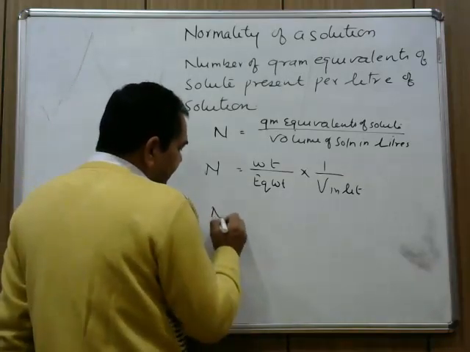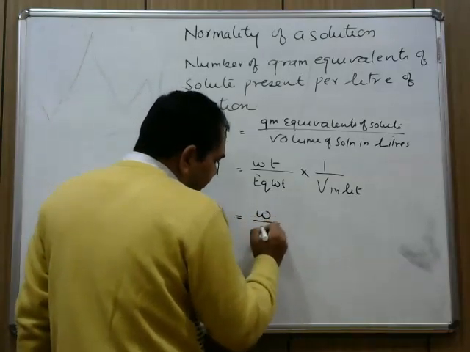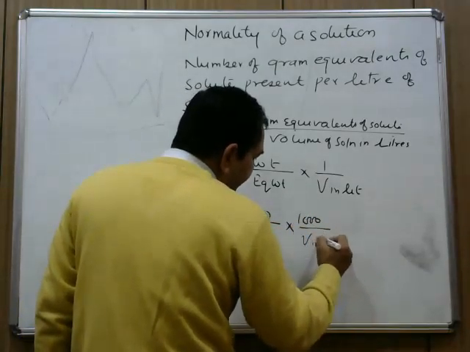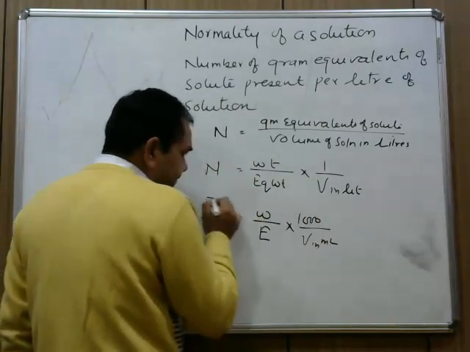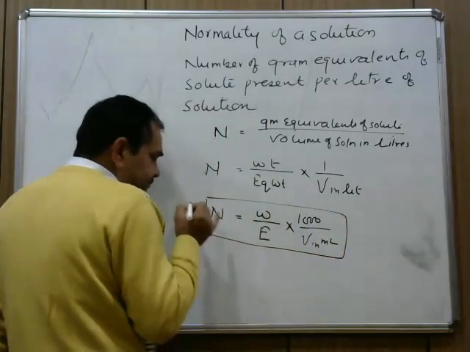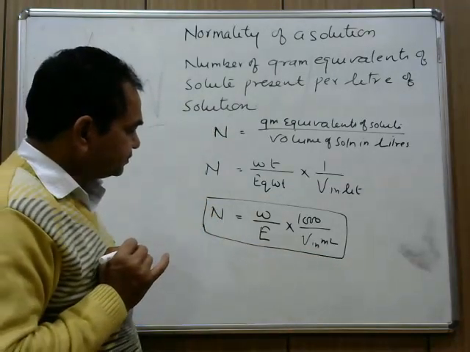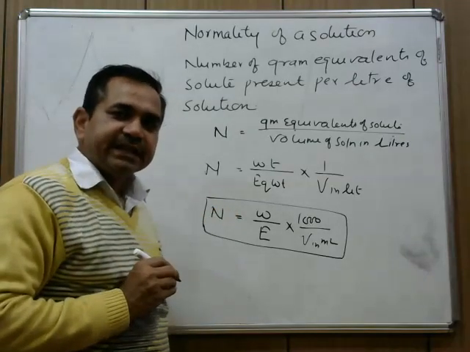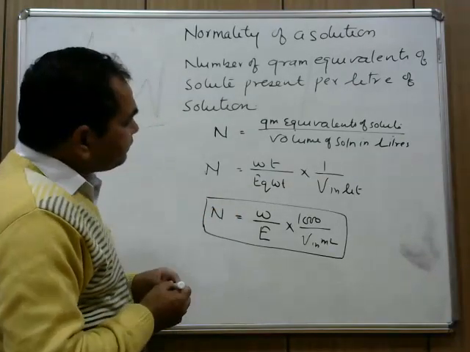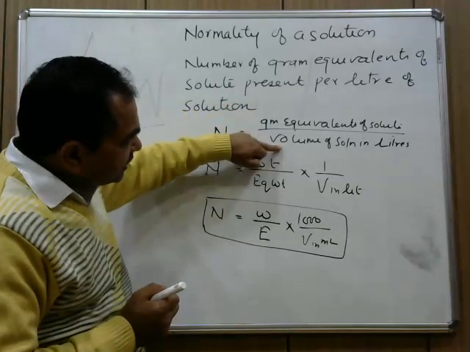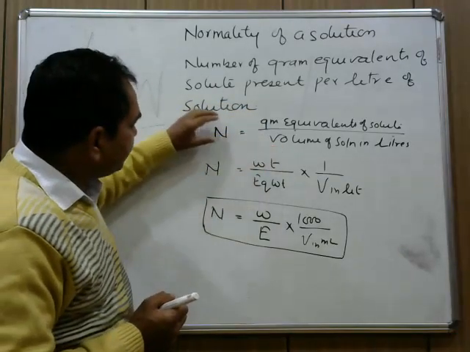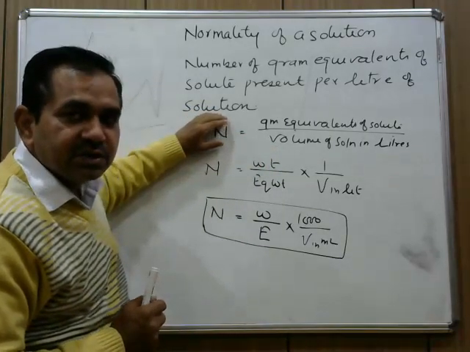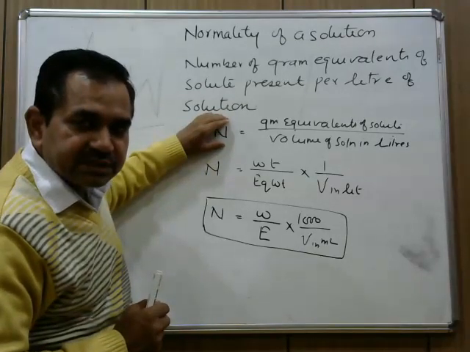So N is given by small w upon E into 1000 upon V in milliliters. So that is how normality of a solution is calculated. So if 1 gram equivalent is dissolved in 1 liter of solution, then normality of the solution is 1, and this is called N solution or normal solution.